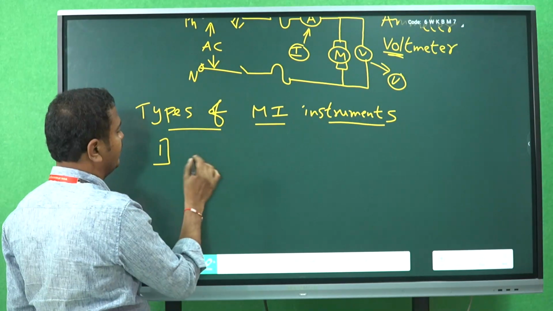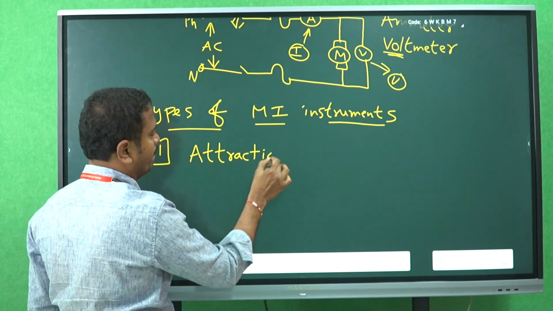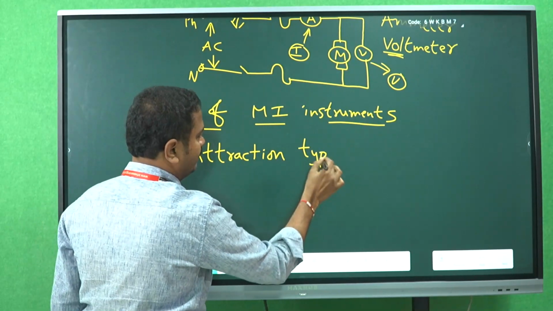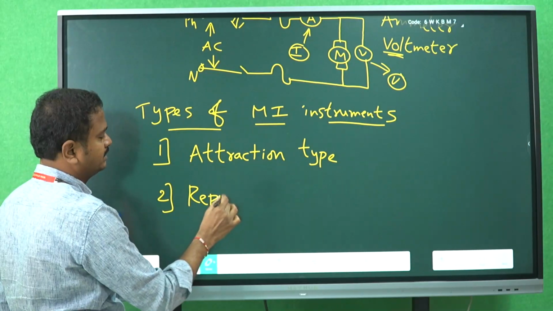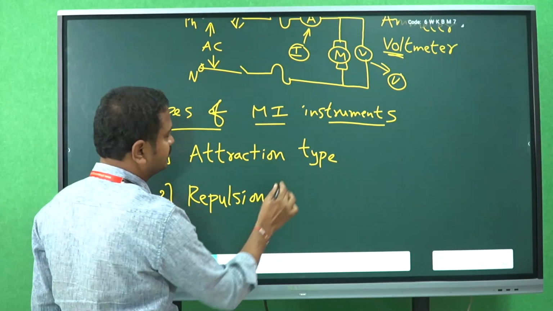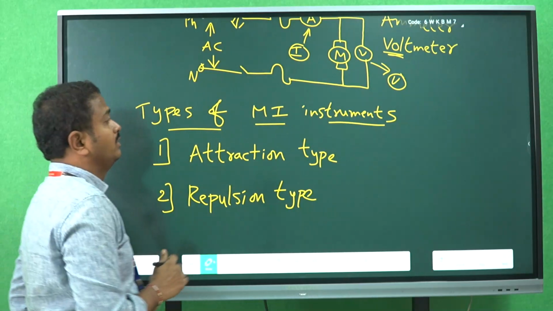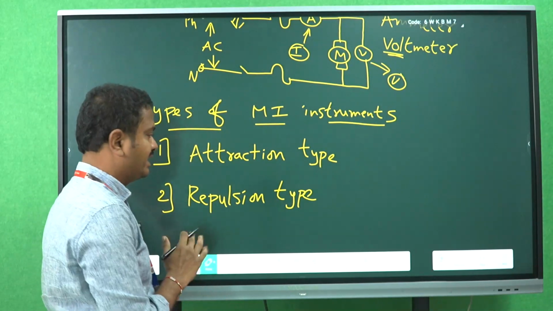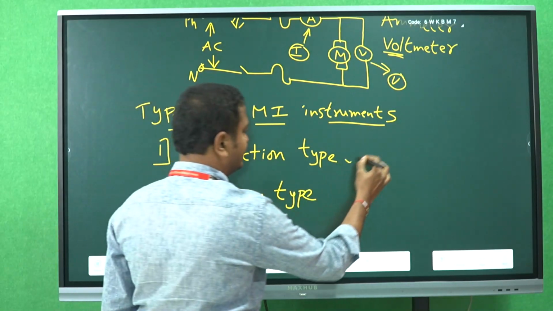One is attraction type, and the second one is repulsion type. So MI instruments are classified as attraction type instruments and repulsion type instruments. So what are attraction type instruments?